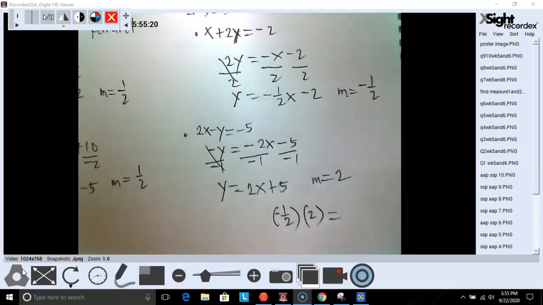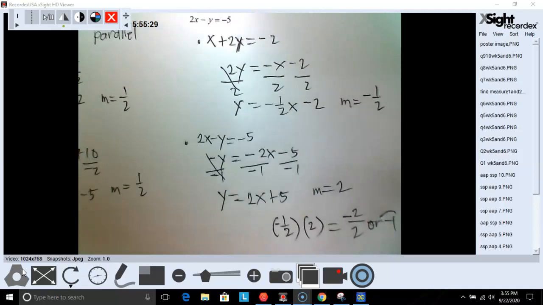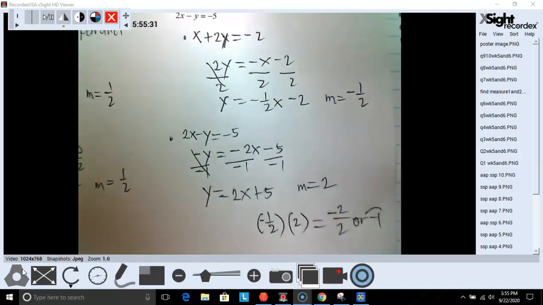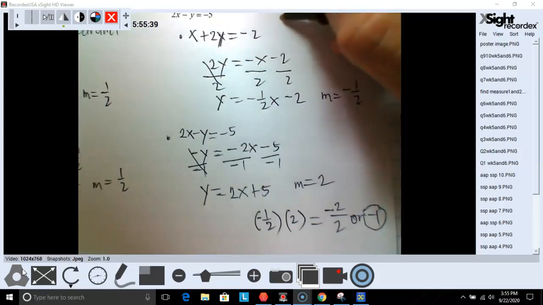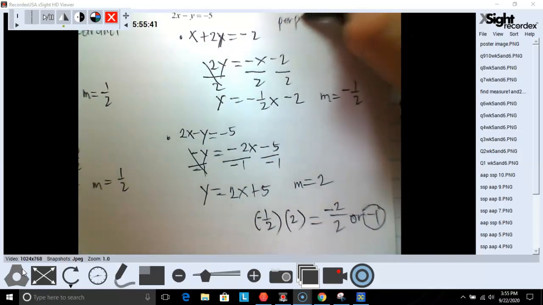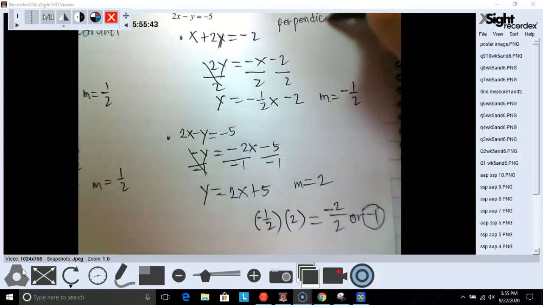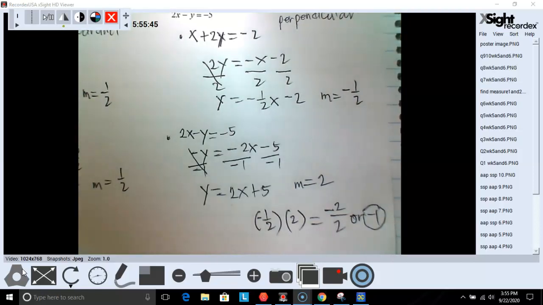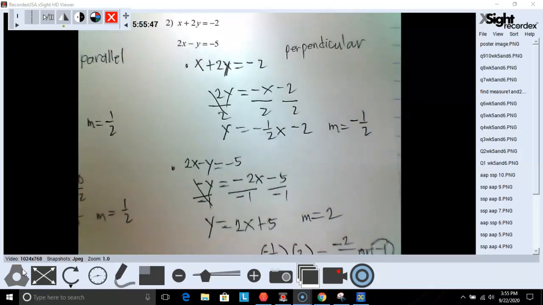By the rule of multiplication, -1 times 2 will give you -2 all over 2, or -1. So we came up with -1. Therefore, these two lines are perpendicular.